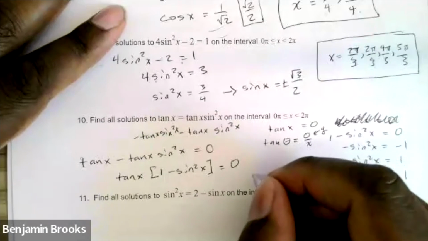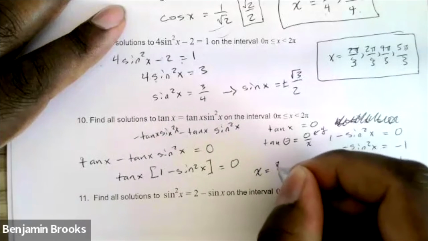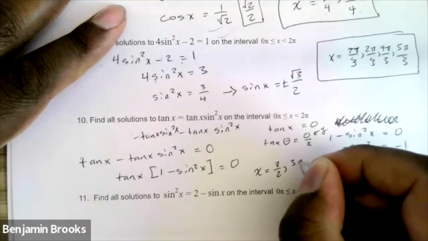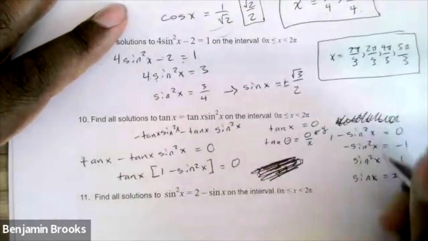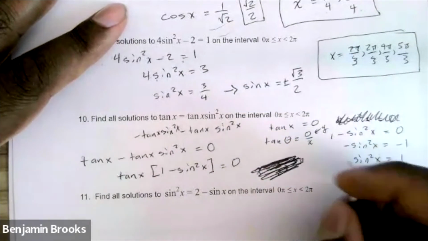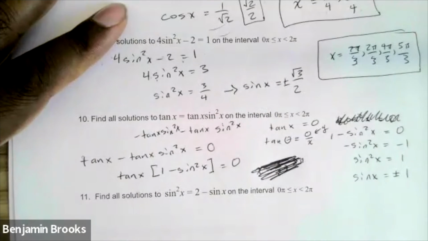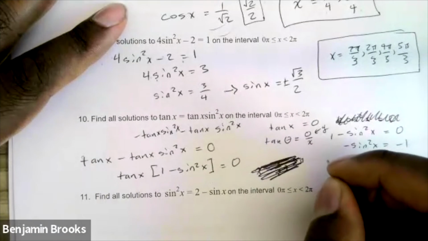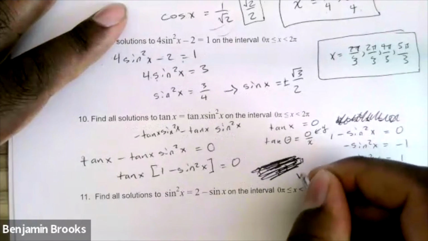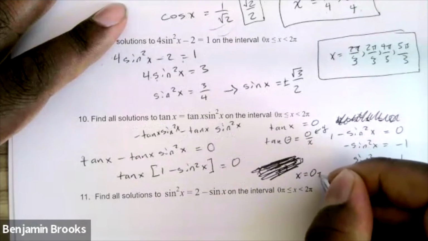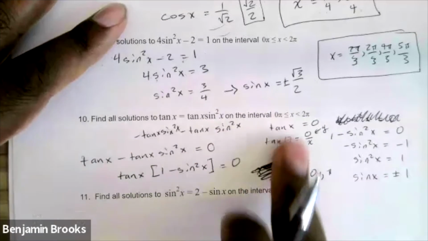So we know that at least x has got to be... My bad. Y value equal to 0 is going to be at 0 and pi. X equals 0 and pi. So that's from the tangent part.